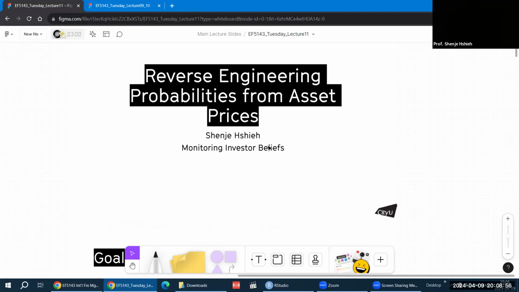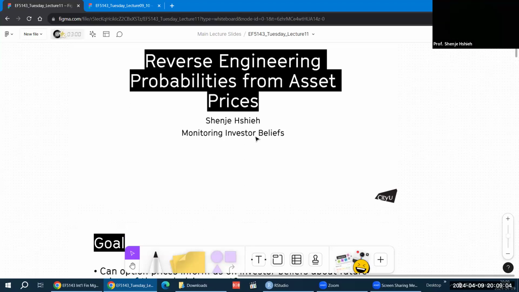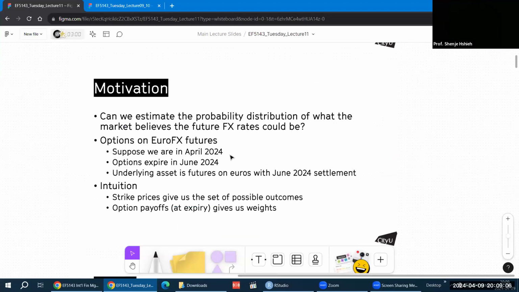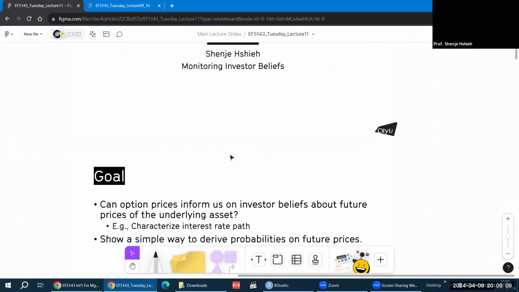So if you know the strike price, then you have an idea of what people are betting on, right? So with strike prices and potential payoffs of the option prices, that can give you some idea of what people believe for how likely a state of the world could occur. The state of the world is defined as the underlying asset price.